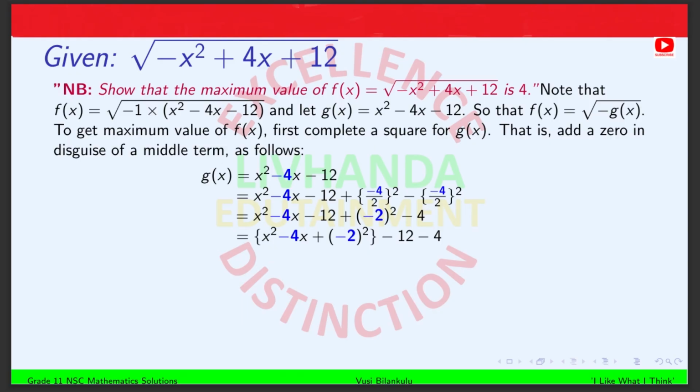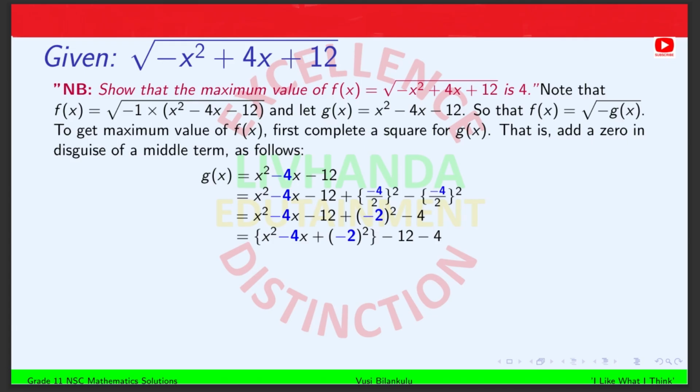To get the maximum value of f at x, first complete the square for g at x. The first step is to add a 0 in disguise of a constant from the middle term. That is, add and then subtract the square of negative 4 over 2. Then simplify the expression as shown on the slide.